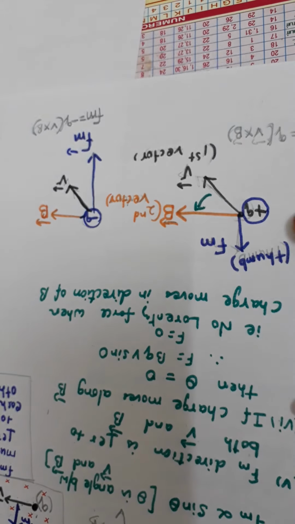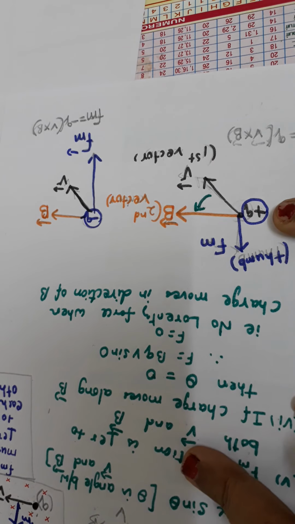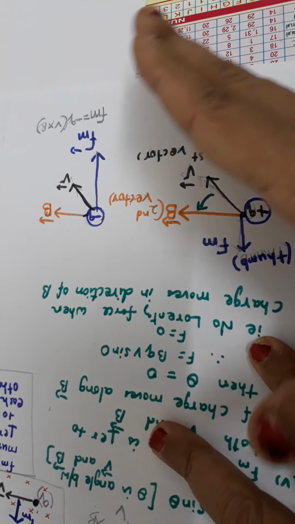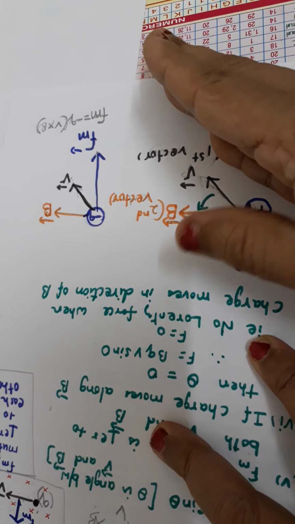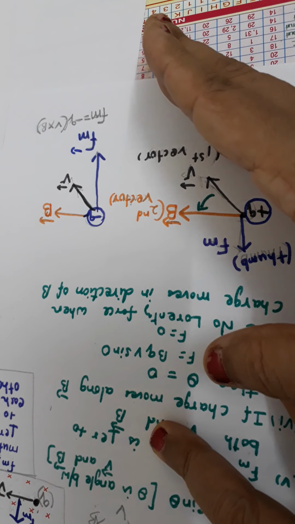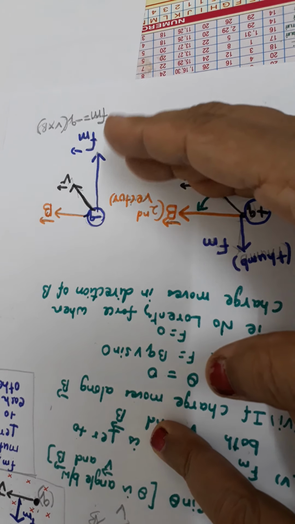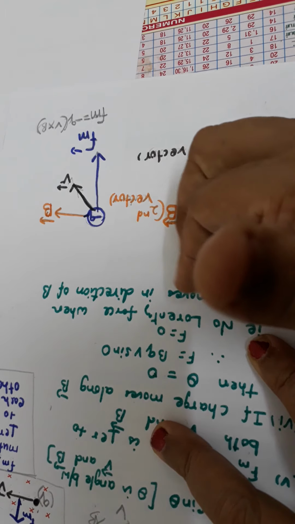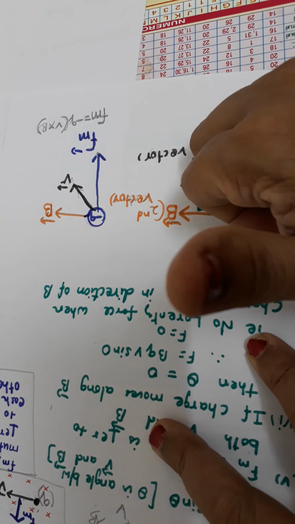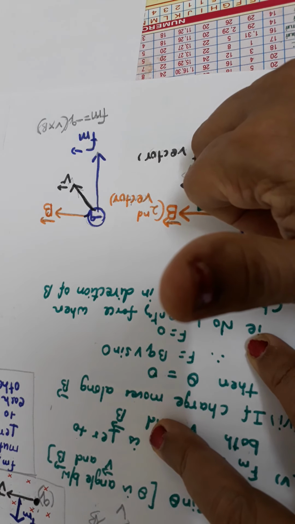Okay, children, if the charge is positive, again I will repeat: four fingers should be kept in the direction of the first vector and the palm should be facing the B vector, the second vector. First curl the fingers toward the second vector. The extended thumb is upward, out of the paper now. Fm, that is the Lorentz force, is acting perpendicularly outward.